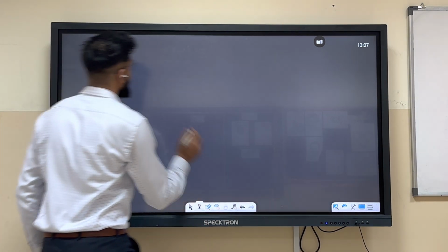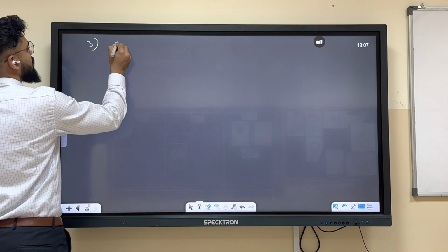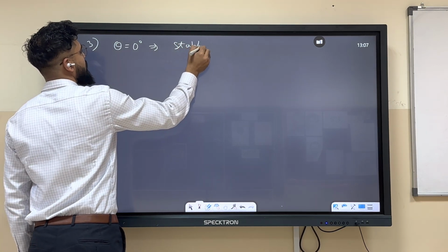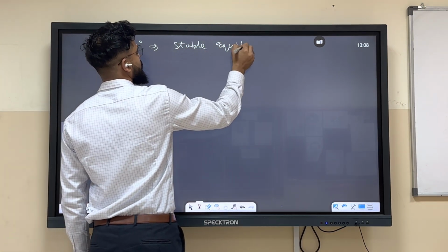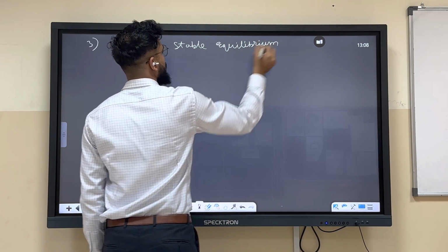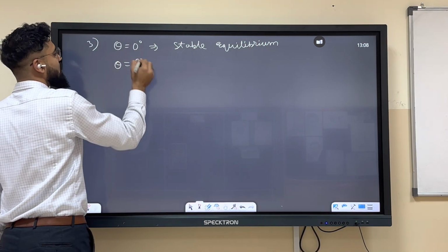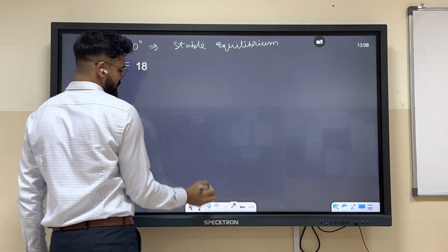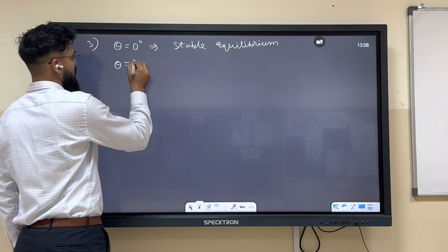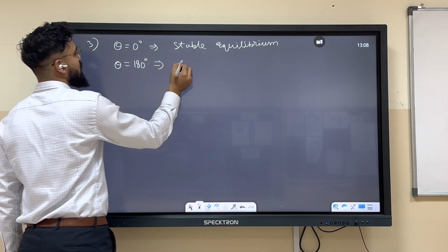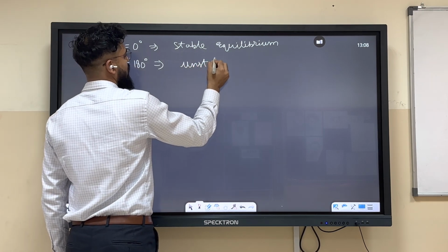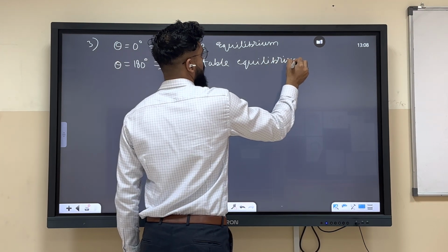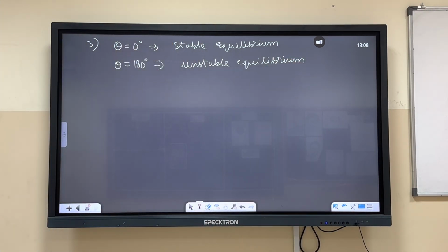Third point, theta 0 degree, stable equilibrium. Theta 180 degree. These types of questions will come in half yearly. 180 degree, unstable equilibrium.